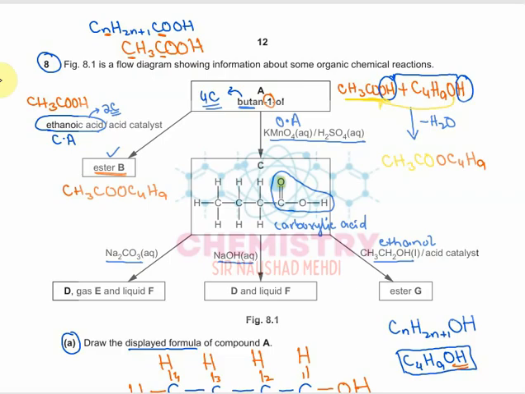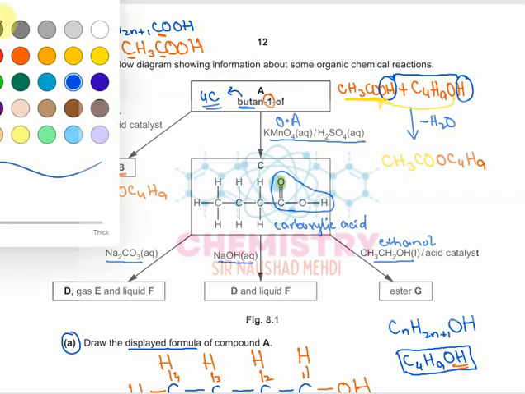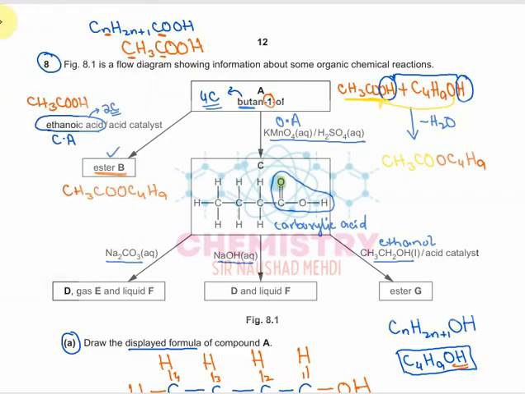So if I want to name this ester, how would I name it? The naming starts from here. It's C4H9. C4H9 is an alkyl radical which has the name butyl. Now look at the left hand side and count the carbon atoms.